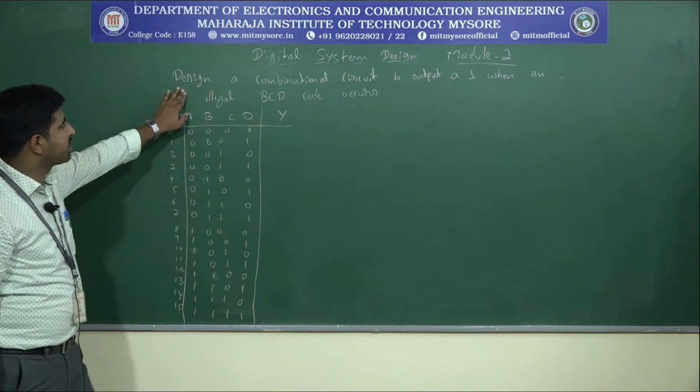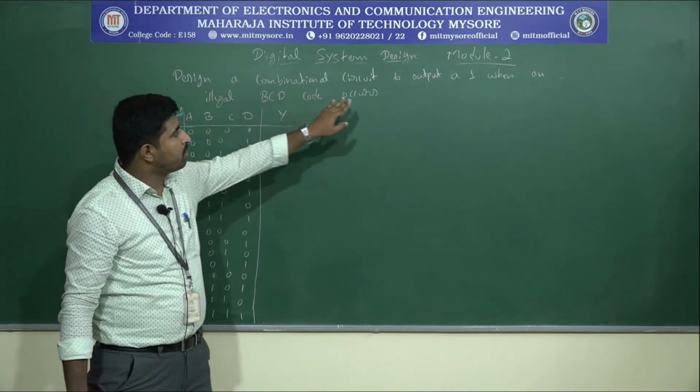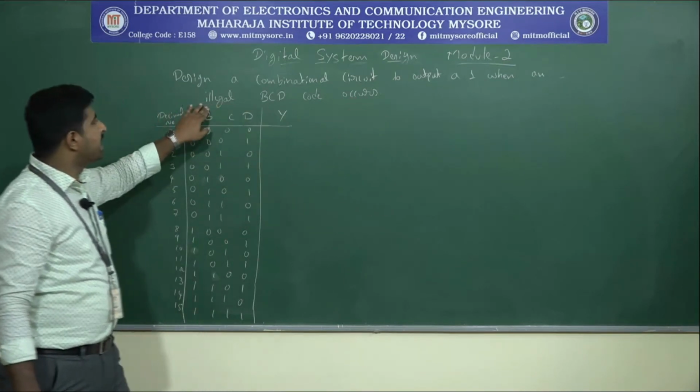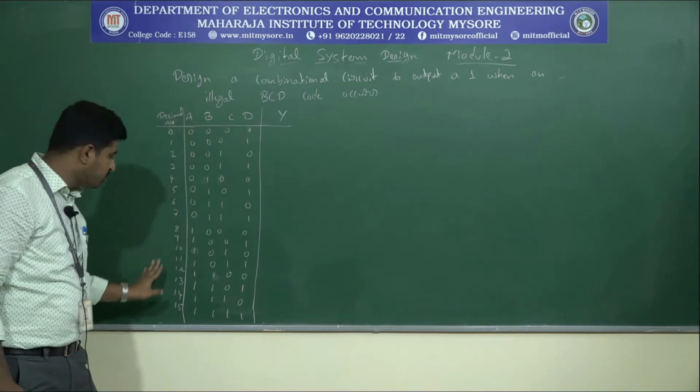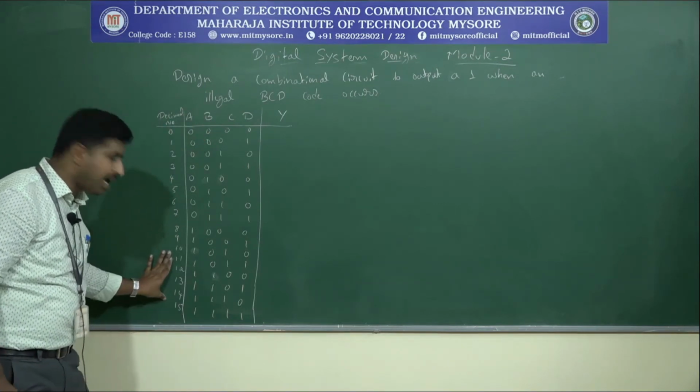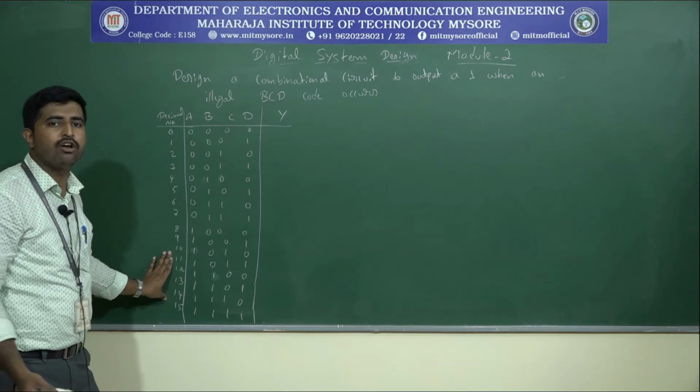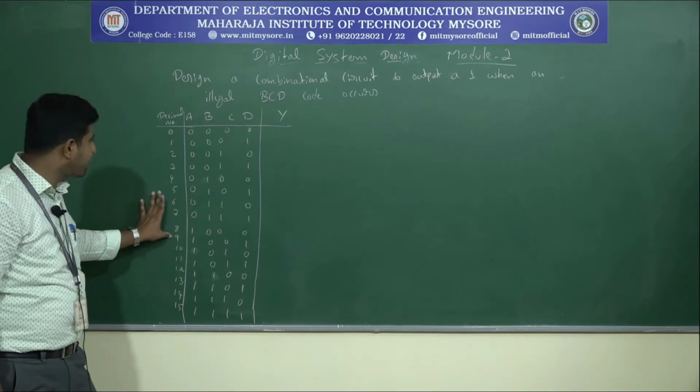The question is to design a combinational circuit to output a 1 when an illegal BCD code occurs. So what are the illegal BCD codes in this range of 0 to 15? 10 to 15 are illegal, that means non-BCD values. 0 to 9 are BCD.